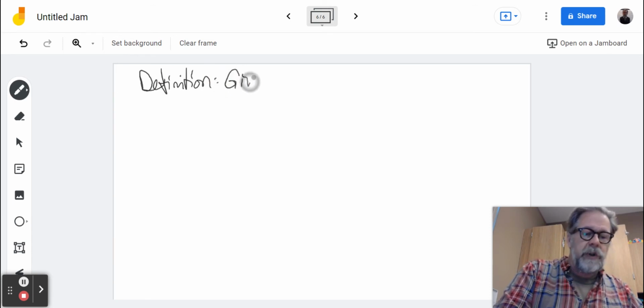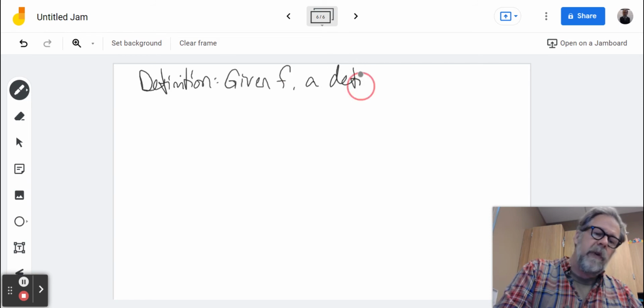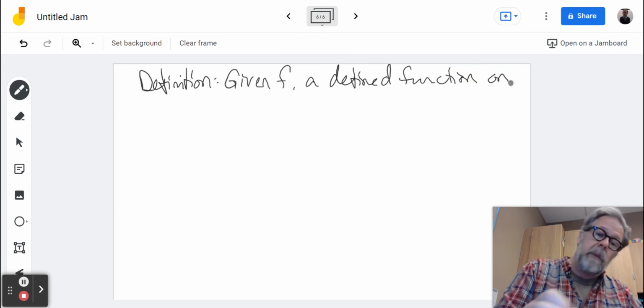Given some function f, it is a defined function on some interval ab.